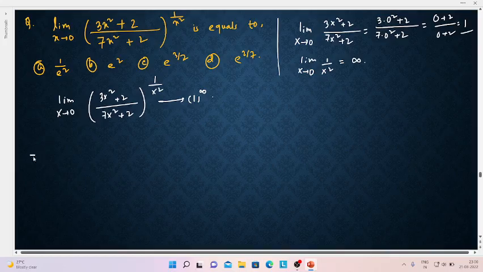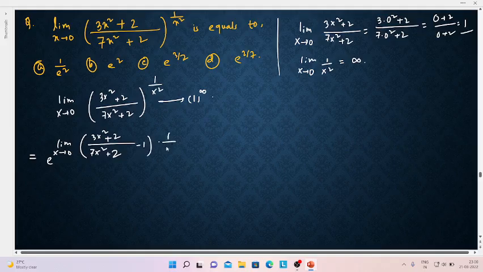What we can write down is e to the power limit x tends to 0, (3x square plus 2) over (7x square plus 2) minus 1, times 1 over x square, right?